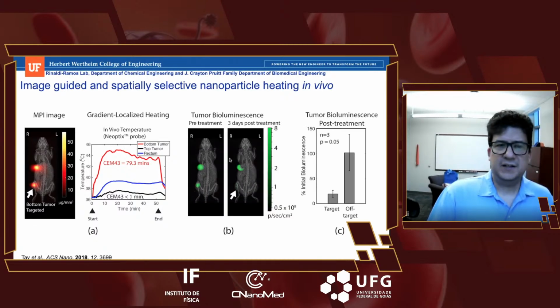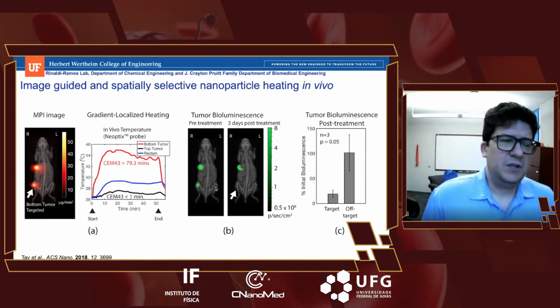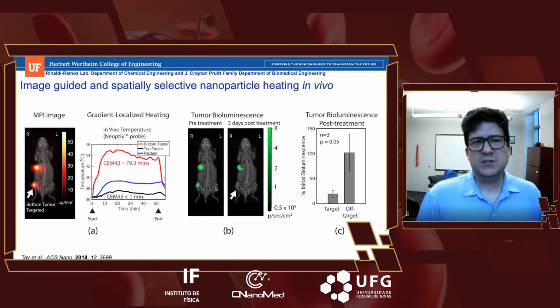And so this then results in reduced tumor bioluminescence because we're killing the tumor cells in the treated tumor. And so it illustrates how MPI and these selective gradients can be leveraged to enable image-guided and spatially selective nanoparticle heating in vivo.